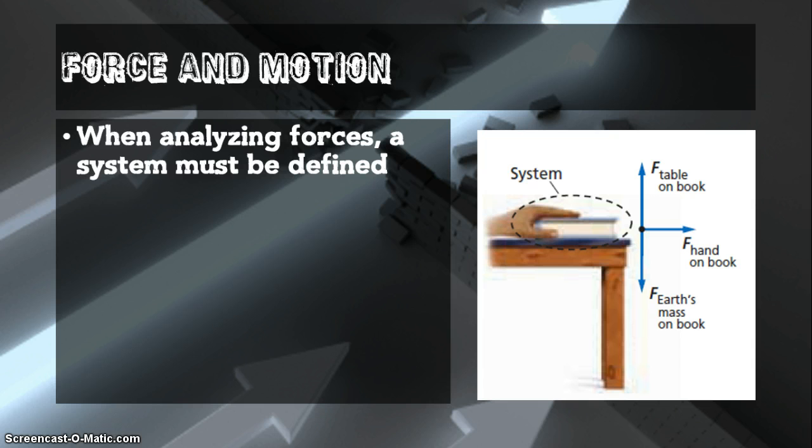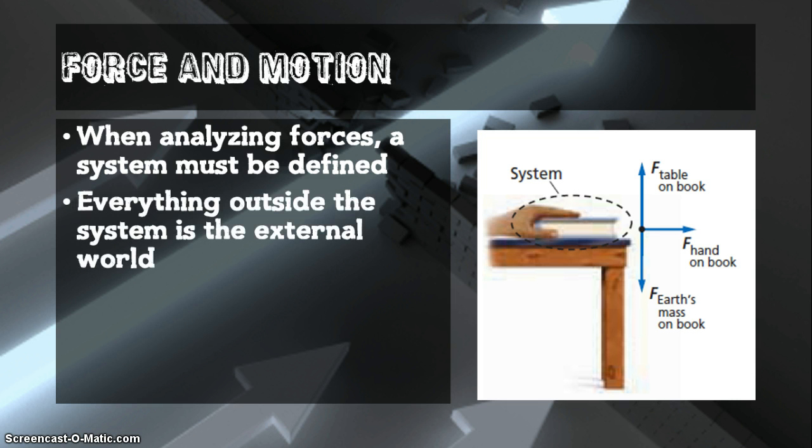When we talk about forces and we try to find the total force that's exerted on an object, first we need to define a system. Now a system is what is accelerating when the force is acting on it, or what you're trying to study when you want to know the net force on it.